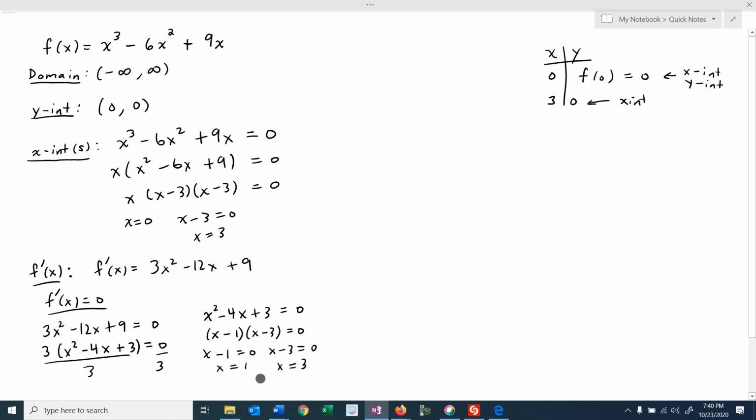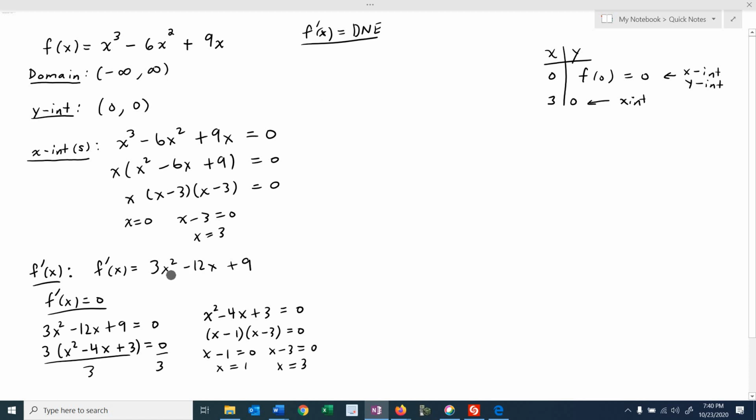Okay, so those are your critical numbers, because the first derivative is 0 at those particular numbers. Now, you also need to check any places where the first derivative does not exist, because those also give you critical numbers.